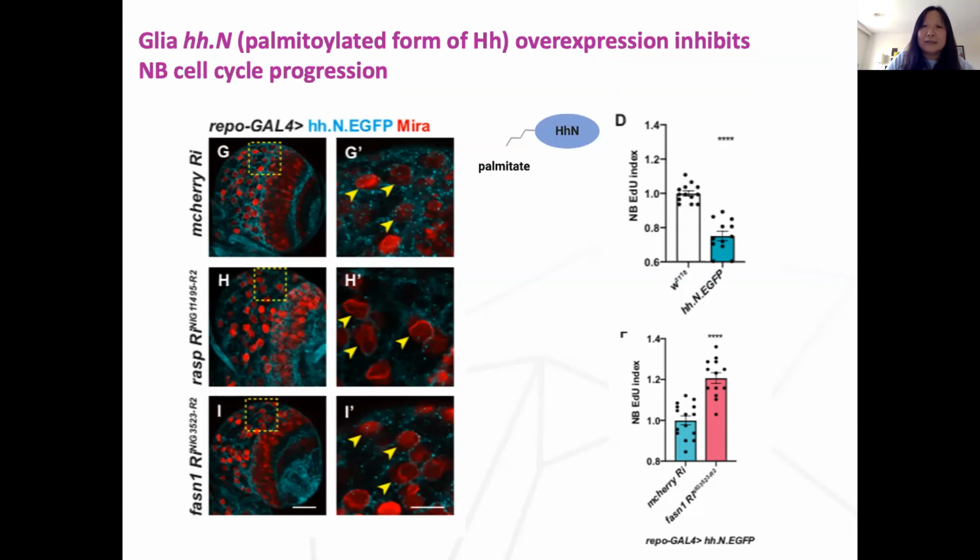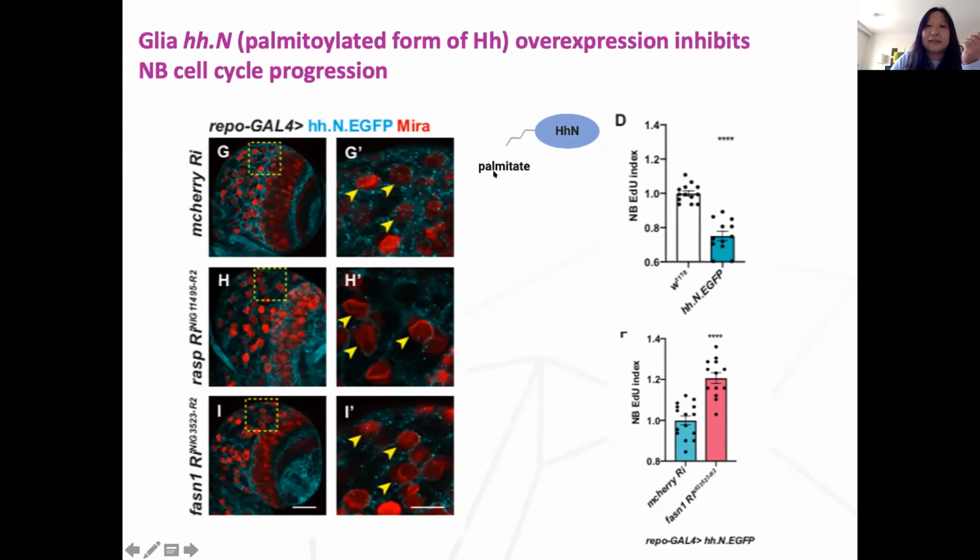And then the next thing she did is that she asked whether palmitoylation in this context is relevant. So upon overexpression of hedgehog N, she then knocked down RASP, which is the enzyme that palmitoylates hedgehog N. And in this case, she's able to significantly rescue the effect of hedgehog N on neuroblast proliferation. And finally, she did one more experiment, which is by knocking down fatty acid synthase.